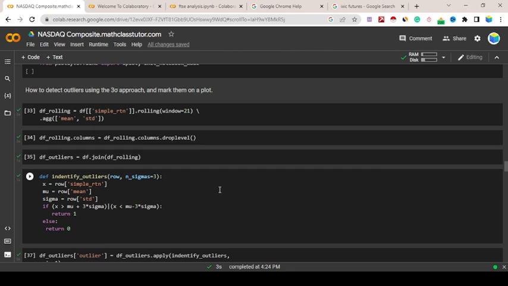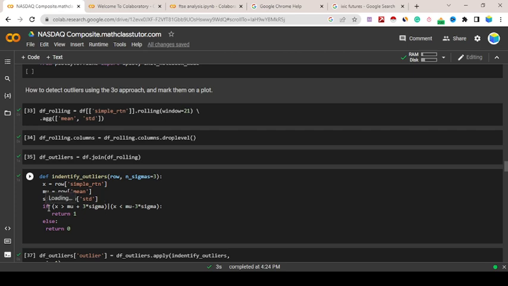We are creating one function with row and n_sigmas equal to 3. Slicing: x is equal to row simple return, mu is equal to row mean, and sigma is row standard deviation.